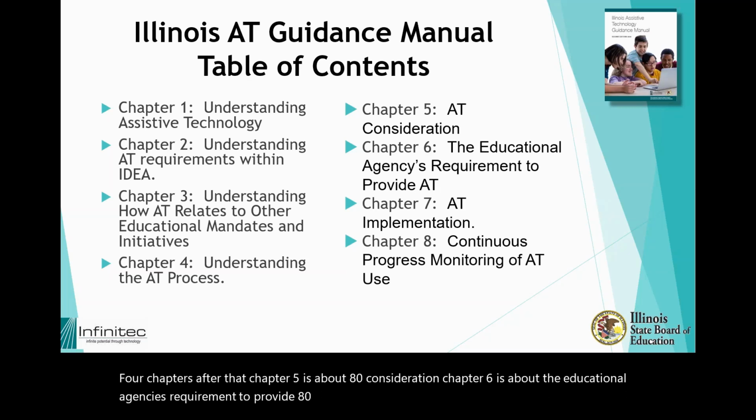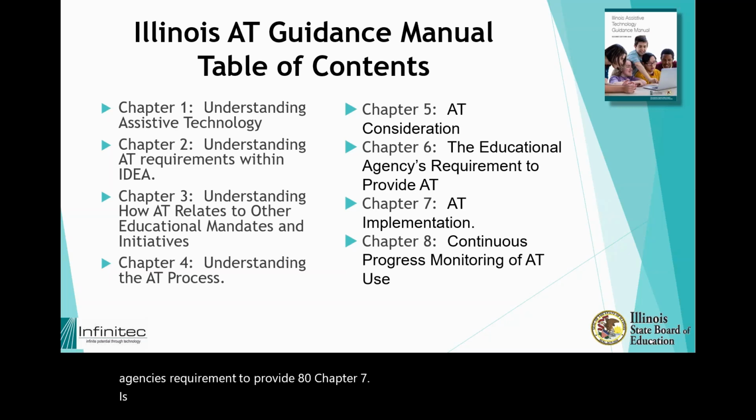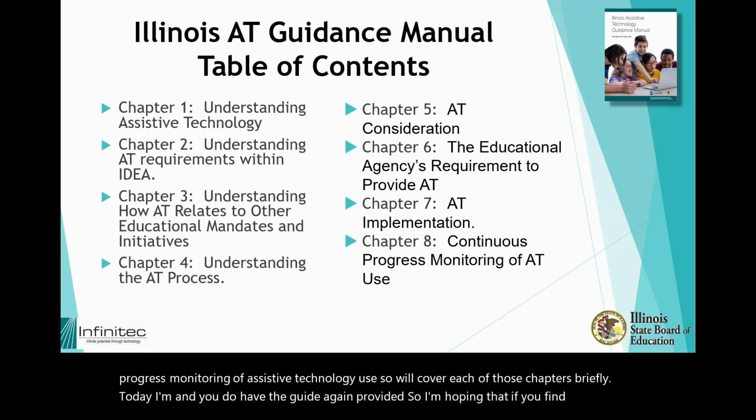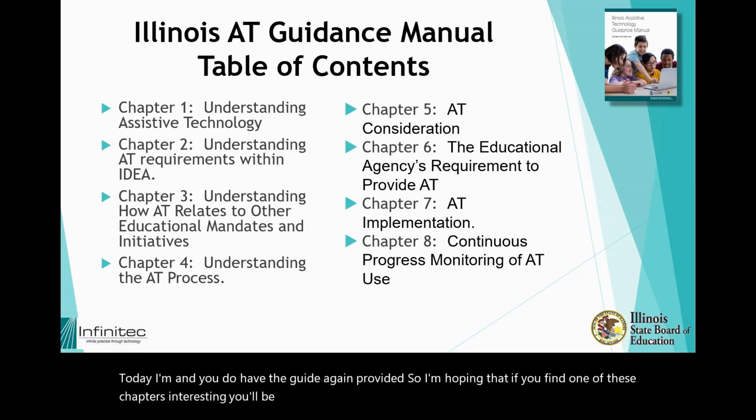Chapter 7 is about implementation of assistive technology programs, and Chapter 8 is about continuous progress monitoring of assistive technology use. So we'll cover each of those chapters briefly today, and you do have the guide again provided. So I'm hoping that if you find one of these chapters interesting, you'll be able to delve into it further.